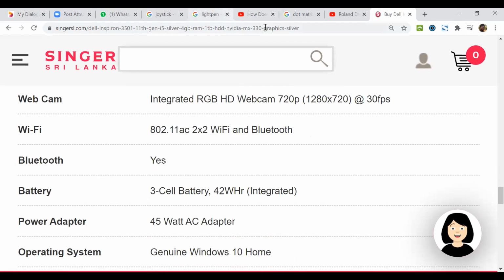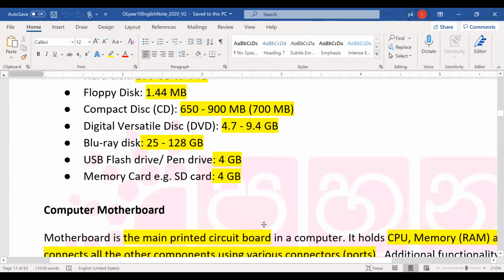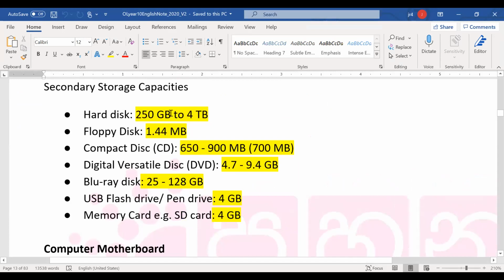So that's about the speed of the memories as well as the capacities. You should remember these: which one is the fastest, which one has the largest capacity, and so on. There are typical numbers I have put. These are not necessarily the correct values, but I think very close to the average.